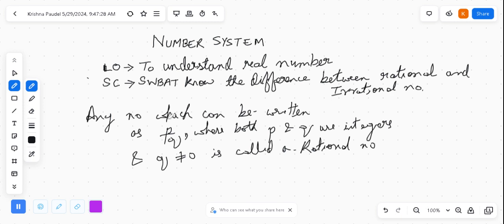So any number that can be written as p by q, where both p and q are integers and q is not equal to 0, is called a rational number.